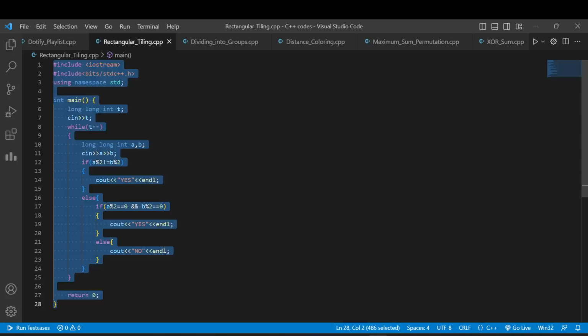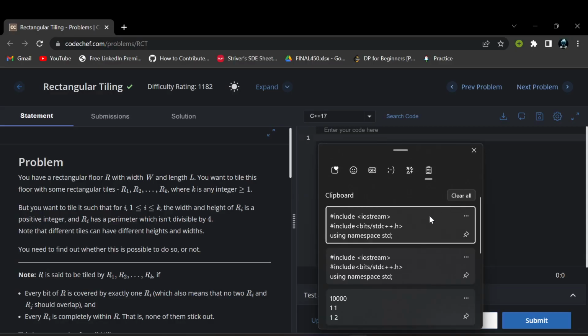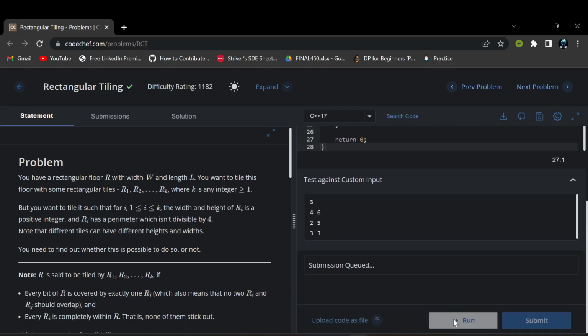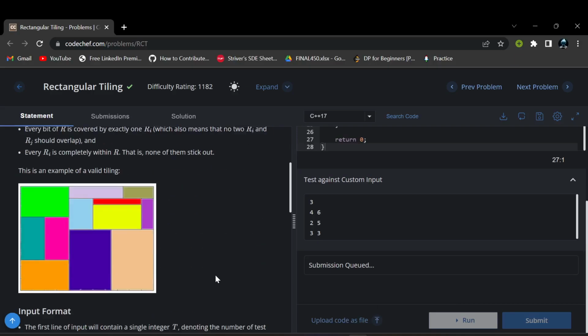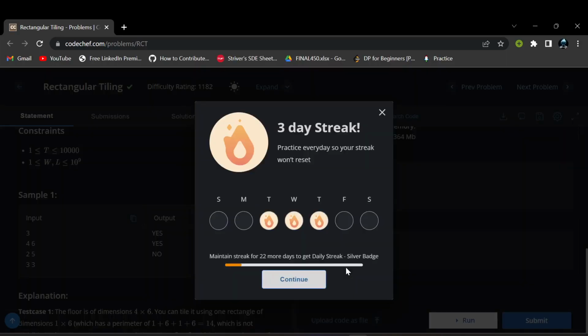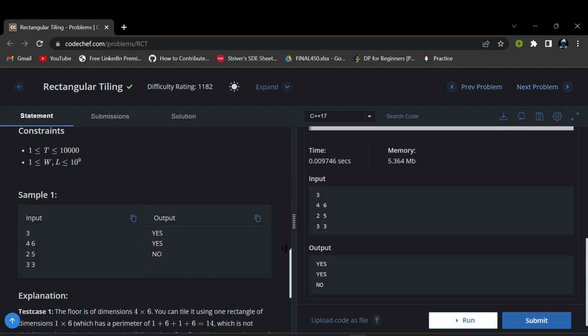Okay, let's check if we have coded it correctly. Let's first run for the given sample of test cases, which should be yes, yes, no. Okay, we have a correct output.